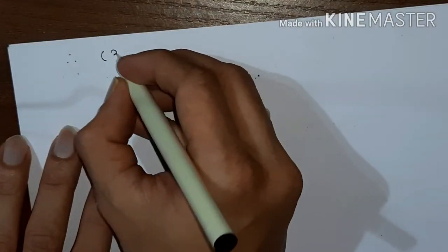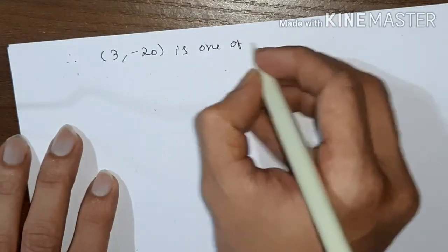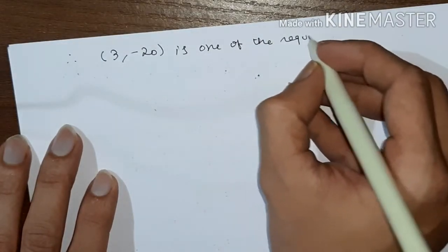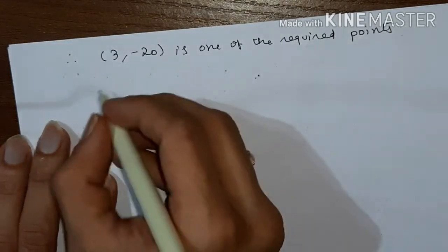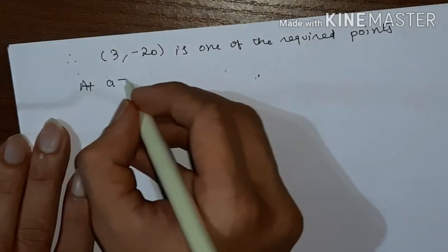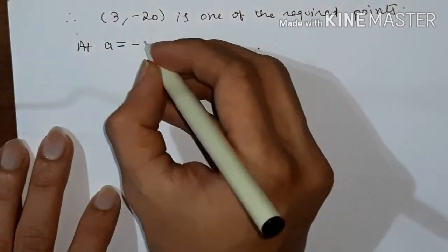Therefore 3 comma minus 20 is one of the required points. And now at a equal to minus 1, that was the second value of a that we got, we have to find what is b.